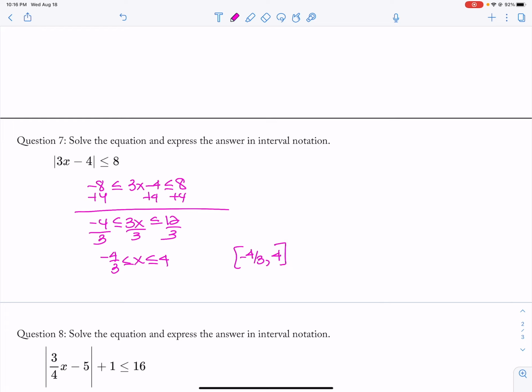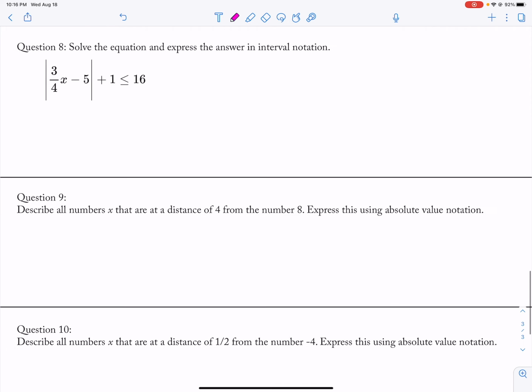You only need the union symbol in something like number 5, where we had 2 intervals that are separated. You do need to make sure you use the U for union. I will not accept "and." I won't accept commas either. So sometimes you guys put commas, and that's not the case either.